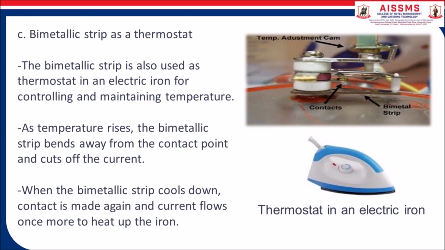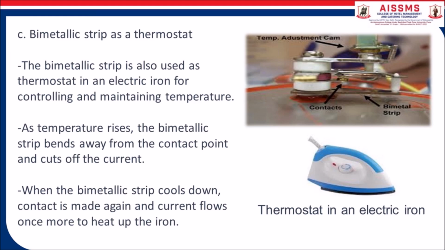The bimetallic strip is also used as a thermostat in an electric iron for controlling and maintaining the temperature. I am sure each one of you must have observed the application of temperature control in the iron that you use at home. As the temperature rises, the bimetallic strip bends away from the contact point and cuts off the current.